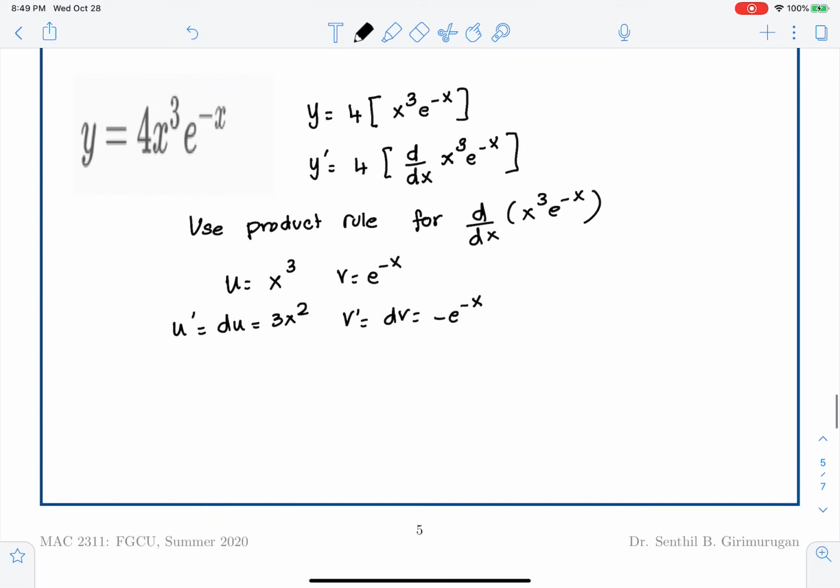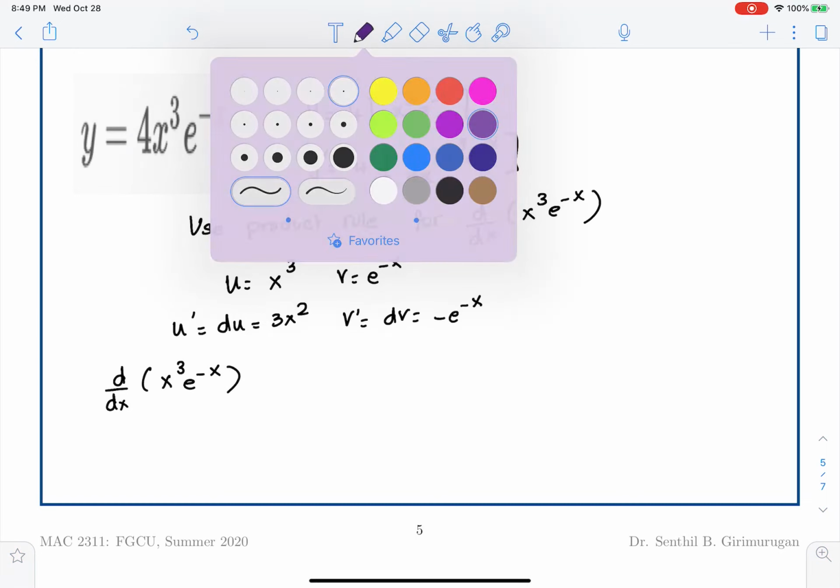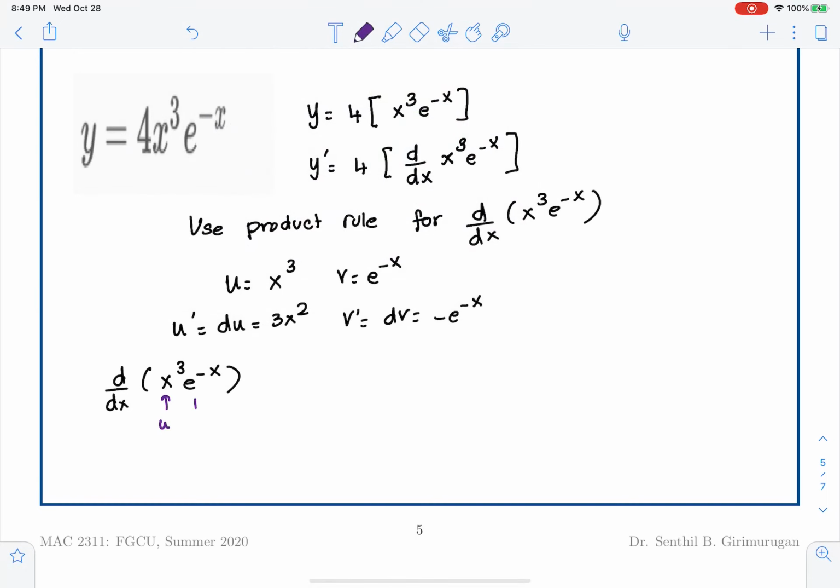And we know product rule is u v prime plus v u prime. So u is x cubed, v prime is negative e raised minus x, v is e raised minus x, u prime is 3x squared.